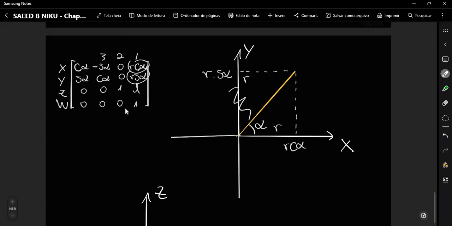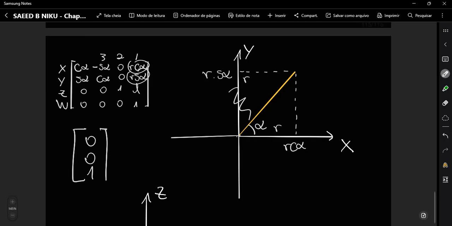So 0, 0, 1, and this element is for z, and I said that z got this element L as its length.